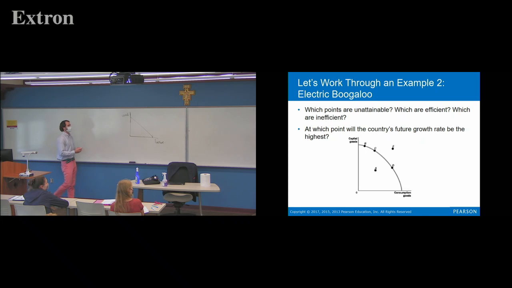Okay, next question. Here's a production possibility frontier for the same thing, capital goods and consumption goods. Which of these points, A, B, C, D, and E, are unattainable for whatever society this is? E, that's right. Anything to the right of the curve out here is impossible to make.